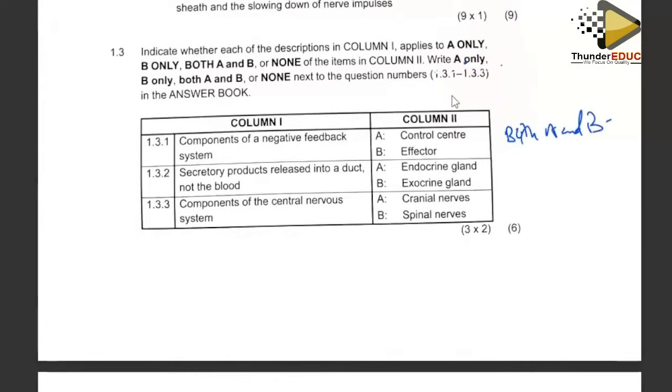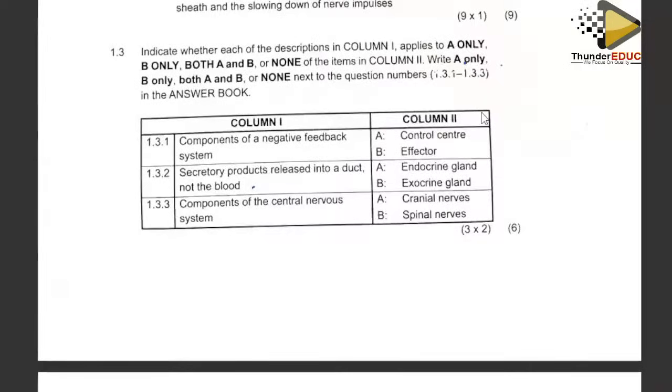Then they are saying a secretory product released into a duct, not blood, into a duct, meaning that these glands have the duct. So you have the endocrine gland, and then we have the exocrine gland.